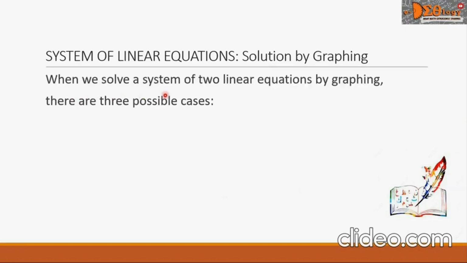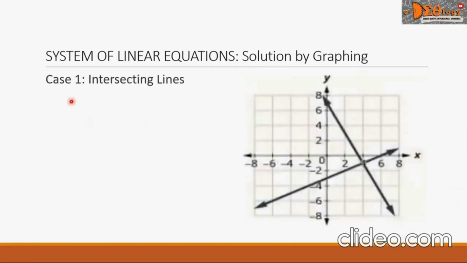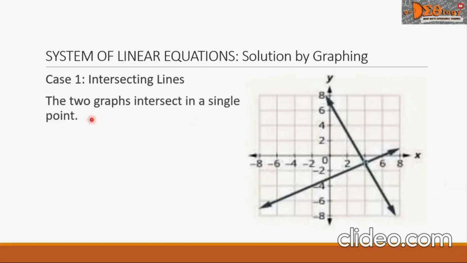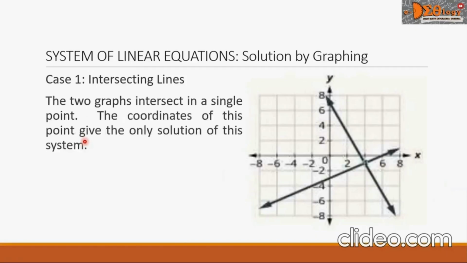When we solve a system of two linear equations by graphing, there are three possible cases. Case 1 is intersecting lines, as we can see on the figure. The two graphs intersect in a single point.